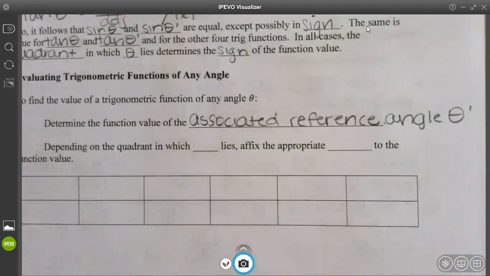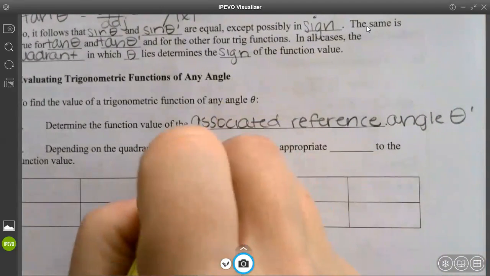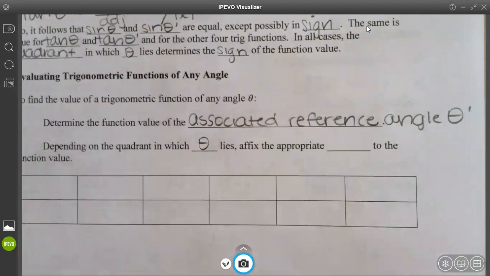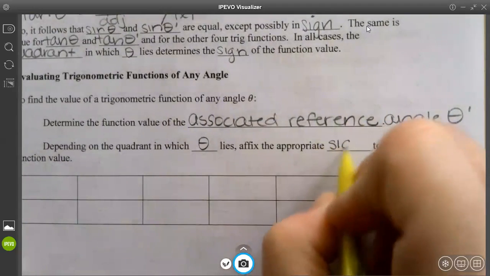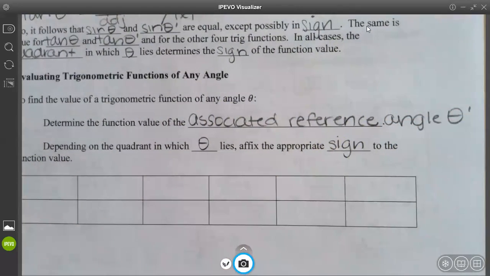And depending on the quadrant in which theta lies, affix the appropriate sign to the function value. So again, that little chart that we made where it said in the first quadrant, sine, cosine, and tangent are positive. So if it lies in the first quadrant, then all of your sine, cosine, and tangent would be positive.